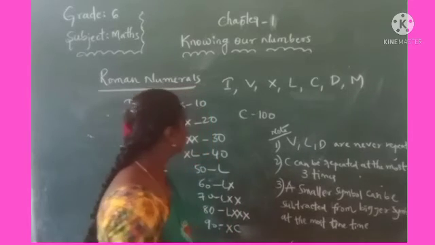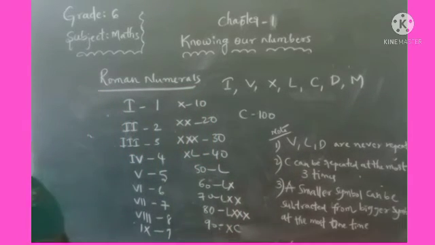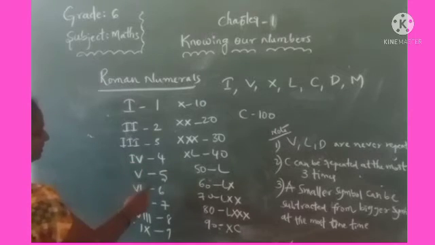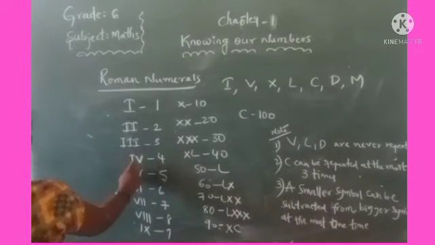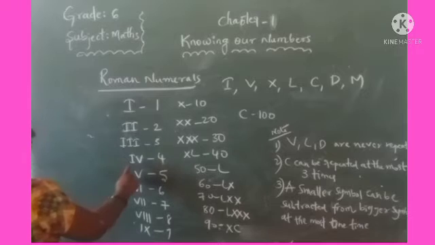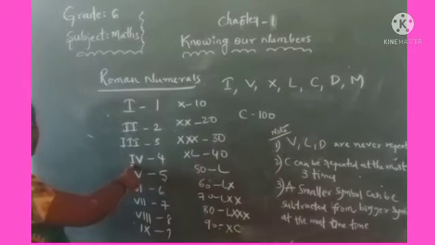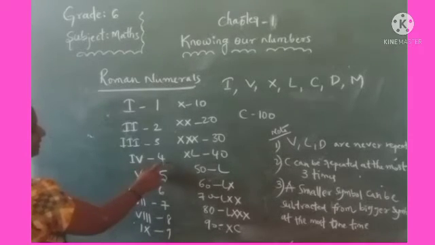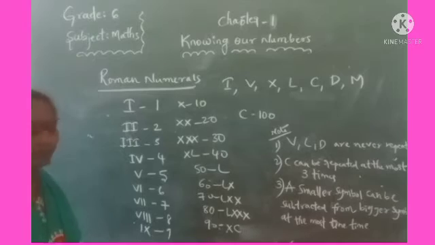So let us see some examples I will give here. For example, see here, 4 is there. The smaller symbol, I is the smaller symbol compared to V. V letter is for 5. So how can we write 4 here?